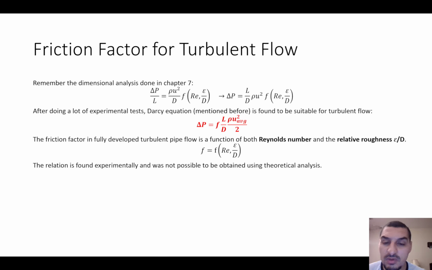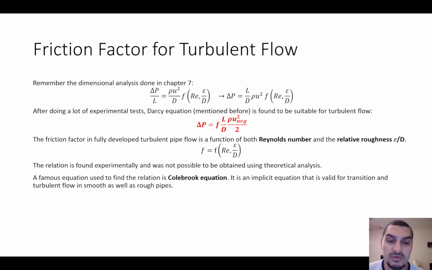But the equation that we are going to use in this chapter is a very famous equation, because it's valid for, if not all of the cases, most of them. And this is called the Colebrook equation.